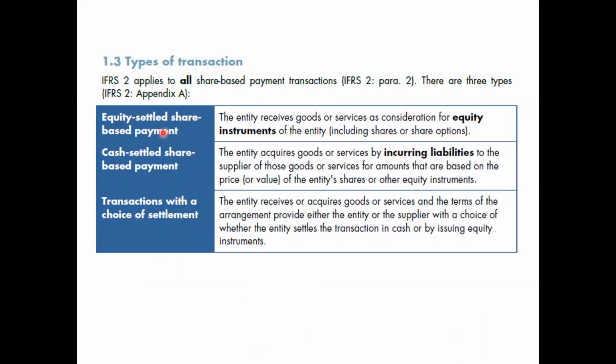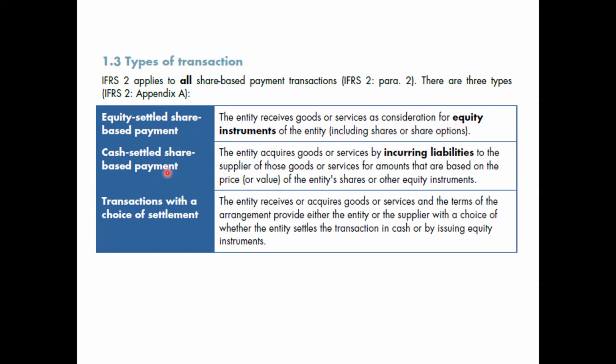When we look at equity settled share-based payments, there's a description of what it is, and the same with cash settled. For equity settled, I will get the right to receive goods and services as consideration for equity of that entity.